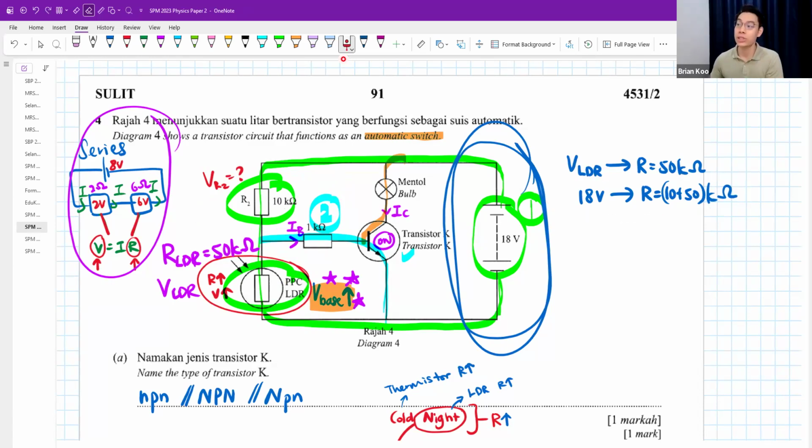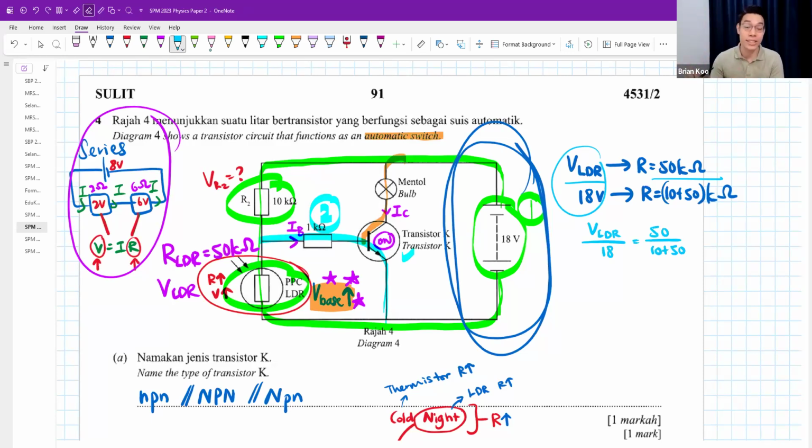The next thing is you just copy and paste into a fraction. You just write V over 18 equals 50 over 10 plus 50. I show you. Done. You just need to write the ratio to ratio as a fraction.